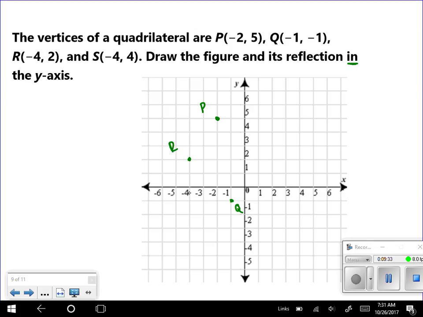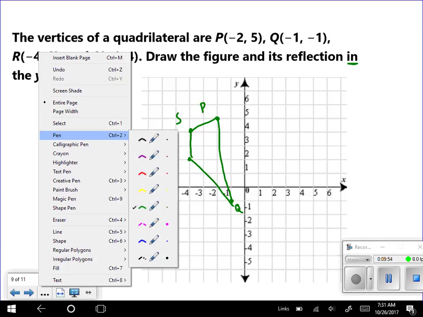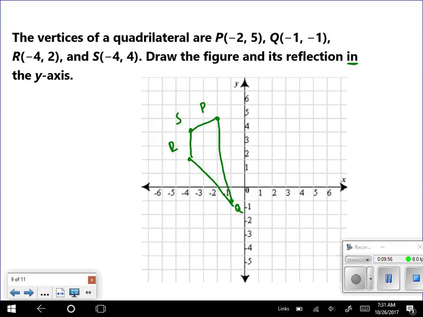And -4, 4 is here. So we got an interesting quadrilateral here. It's going to look something like, try your best to draw straight lines, something like that.